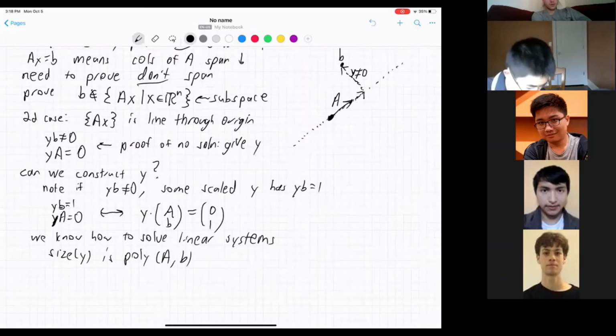So this is actually kind of interesting. There's a kind of duality going on here, where we started with a linear system, and we know how to solve that linear system. And if there is no solution to that linear system, then here is a different linear system, and the solution of this linear system proves that there's no solution of the other linear system.